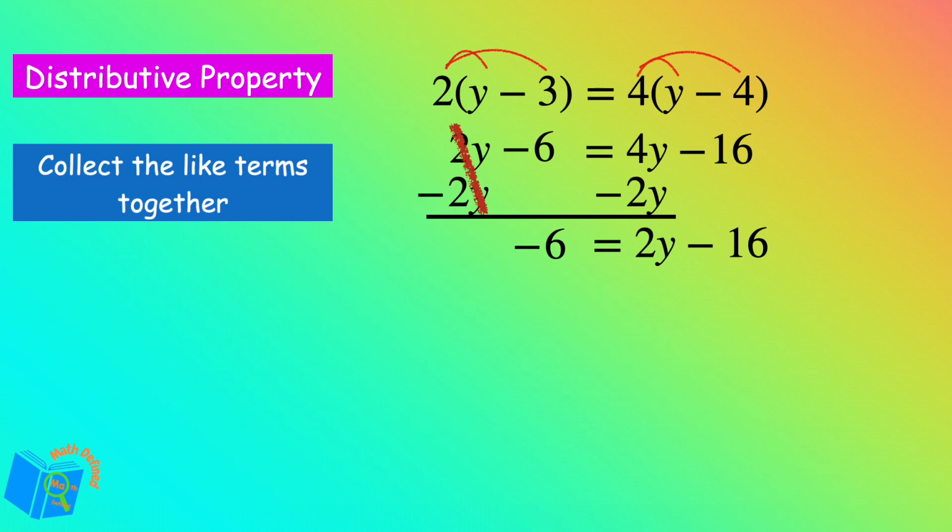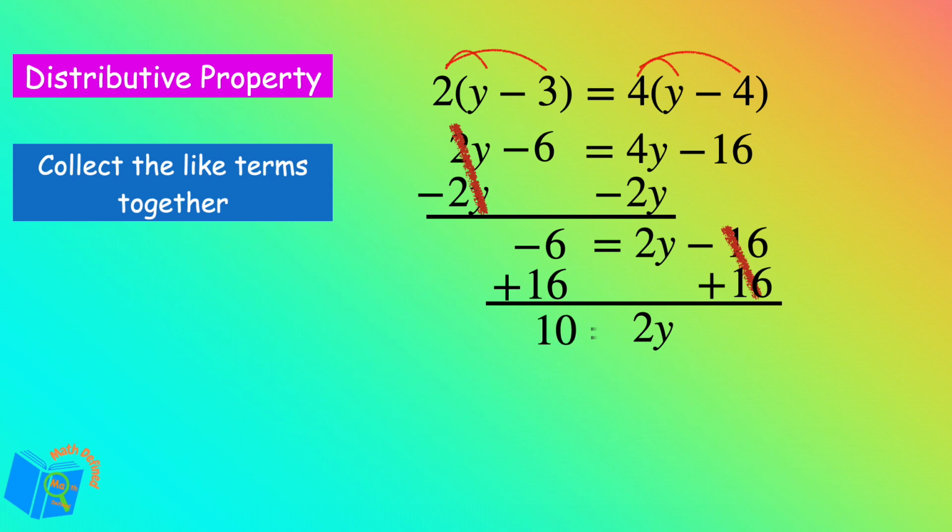Now I need to remove the negative 16 on the right side by adding 16 to both sides. The negative 16 and positive 16 will cancel each other out, leaving the 2y, and on the left side, negative 6 combined with positive 16 will equal positive 10.